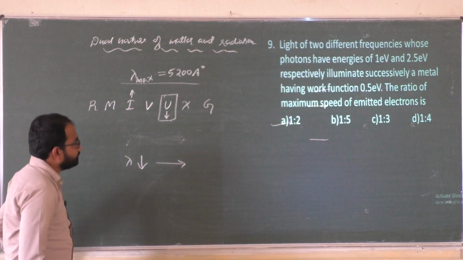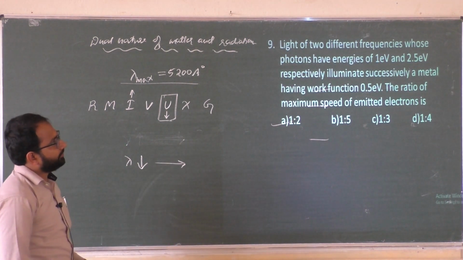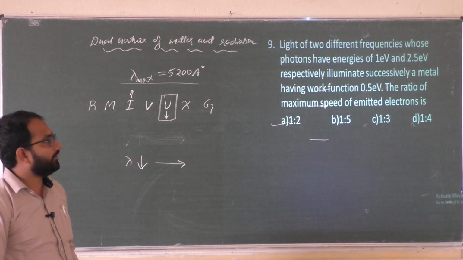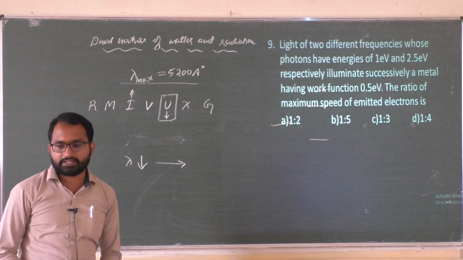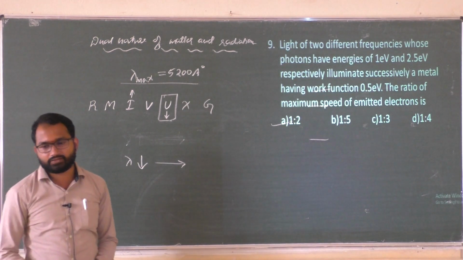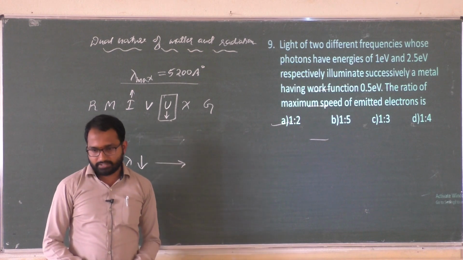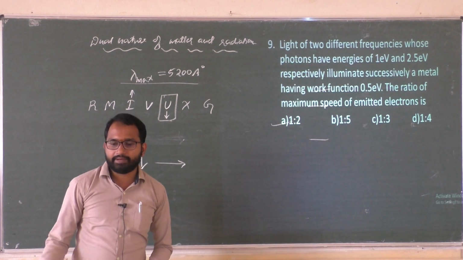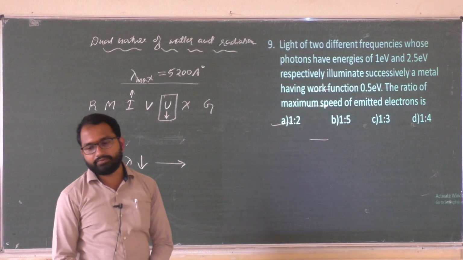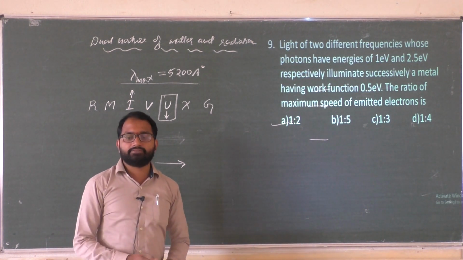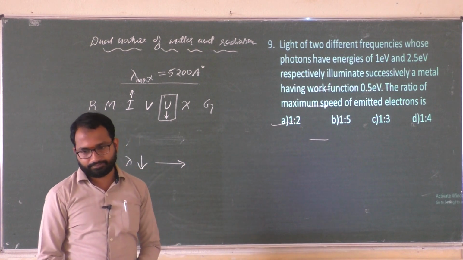Okay, next question. Light of two different frequencies whose photons have energies of 1 electron volt and 2.5 electron volt respectively illuminate successively a metal having work function 0.5 electron volt. The ratio of maximum speed of emitted photoelectrons is?